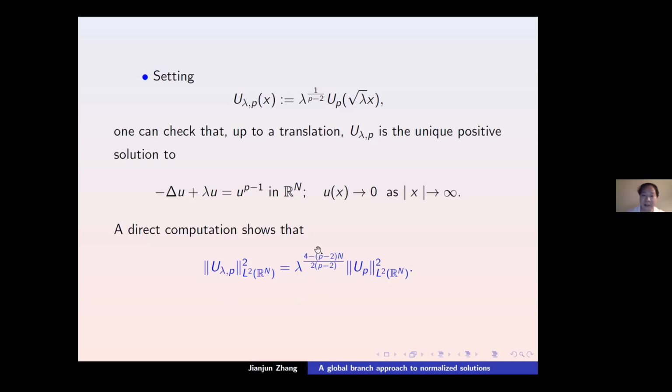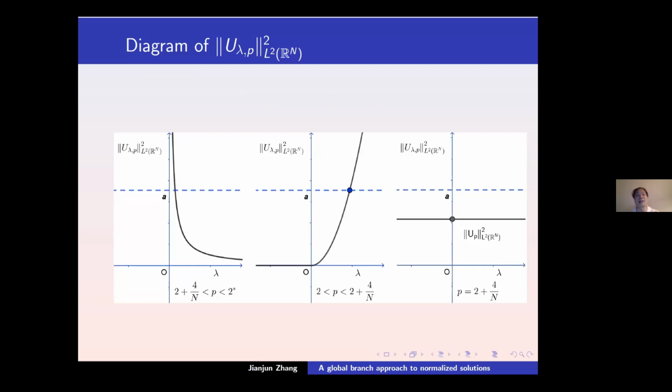Also, we can consider the negative case. For example, if this exponent is negative, we also get similar behaviors. Okay. So now we can give the picture of the mass of U lambda p.